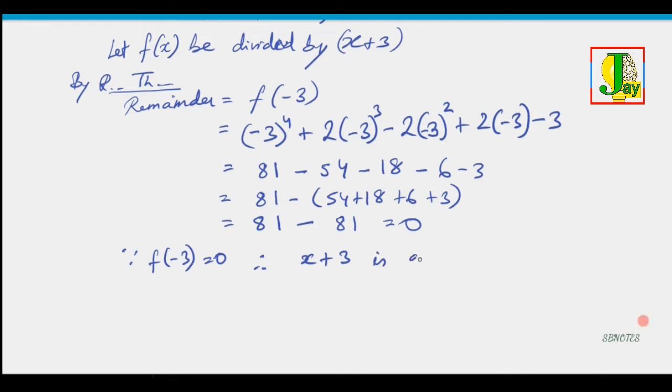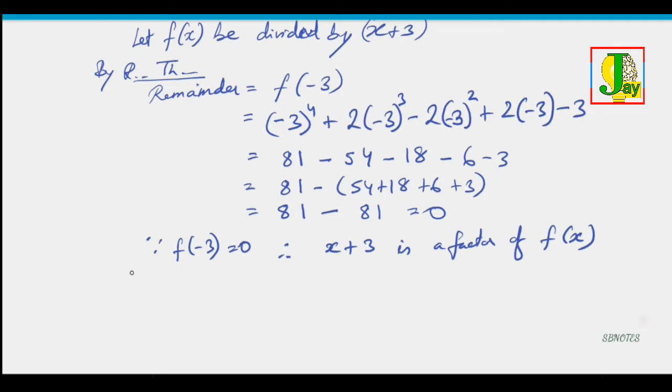Which theorem is this? This is the factor theorem. If the remainder is 0, then the divisor is a factor. So let f(x) be divided by x minus 1.